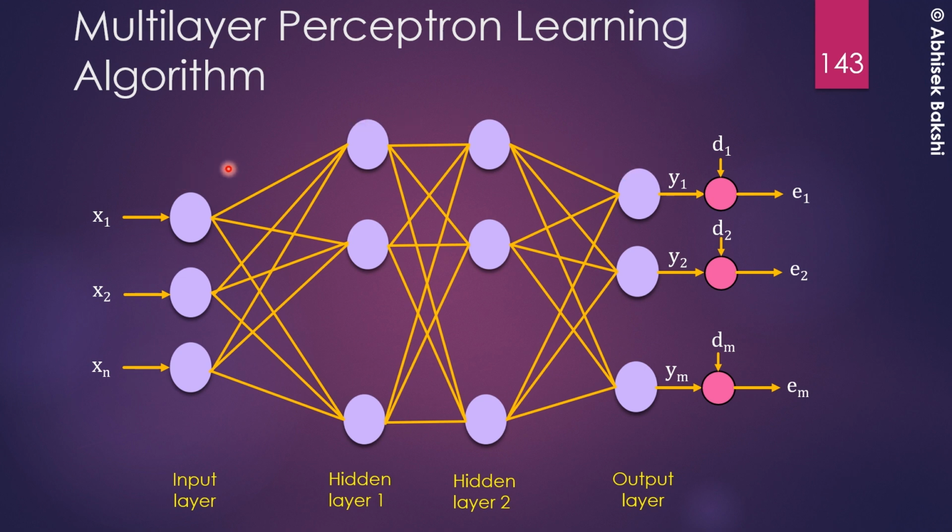And that is why the algorithm that we use to find the derivatives and continue this learning is called the back propagation algorithm. So in case of multi-layer perceptron, we will basically start with the back propagation algorithm.